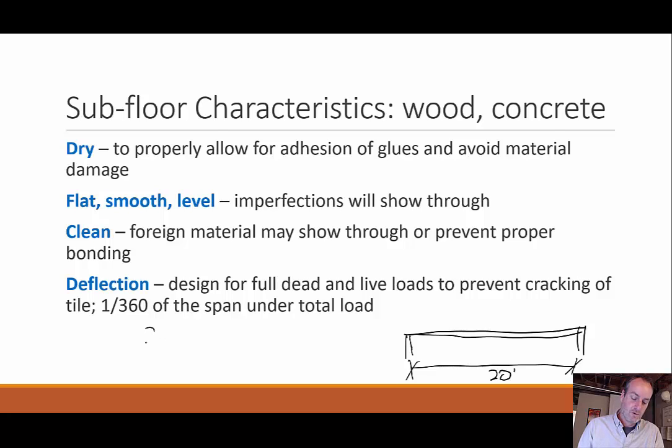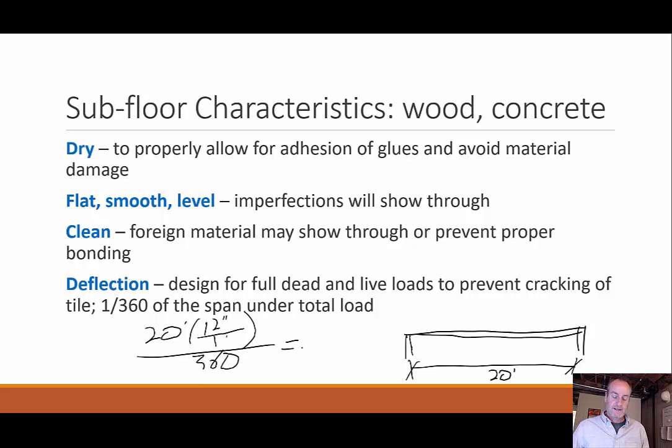So I'd have 20 feet times 12 inches per foot to convert that 20 feet into inches, divided by 360, and that gives me something like 0.67 inches, right? So what that means is that for my deflection, that little distance can only be less than 3/4 of an inch to be fully supportive.